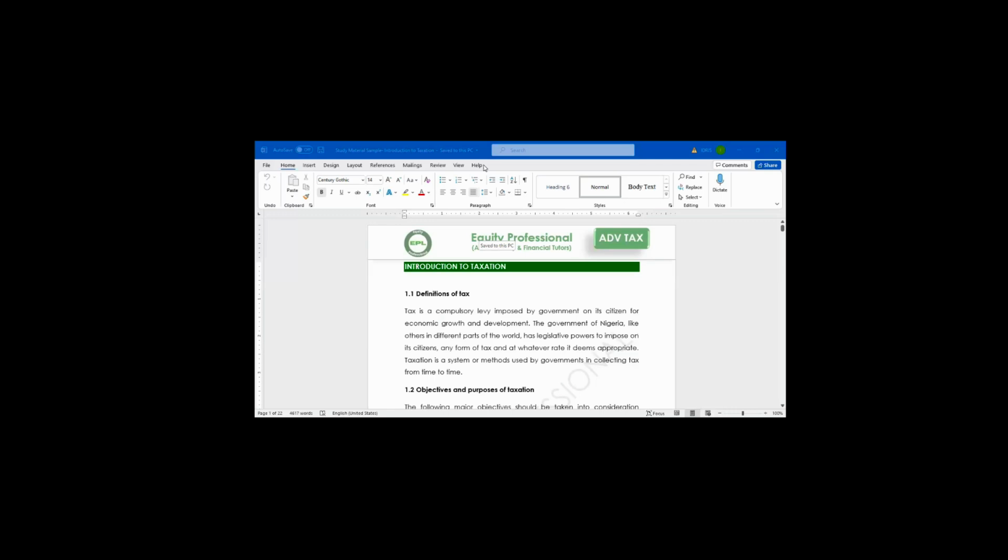So today being the first lecture day, we are going to look at Introduction to Taxation. We are going to introduce the objective of taxation, types of taxation, principles of taxation, and challenges or problems encountered by government while collecting tax.